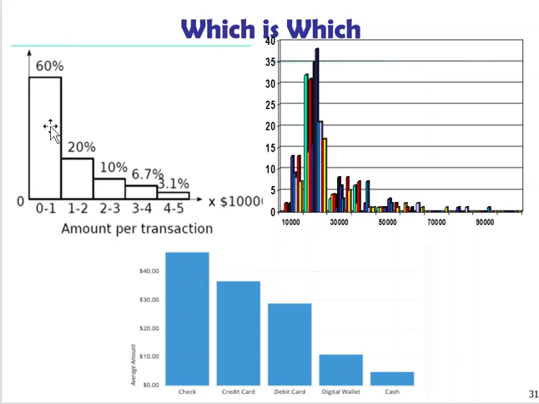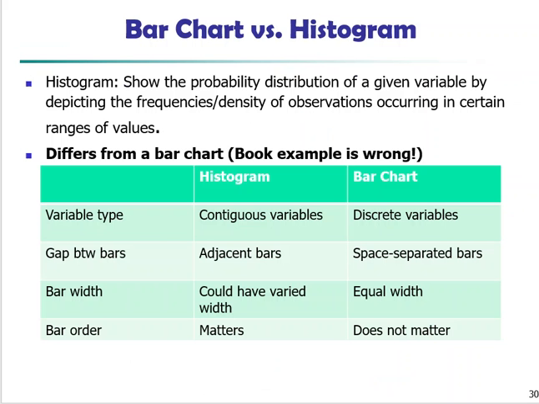It can be either a count or percentage. And in a bar chart, the y-axis can be anything. So in this case, it might be price. It can also be count.